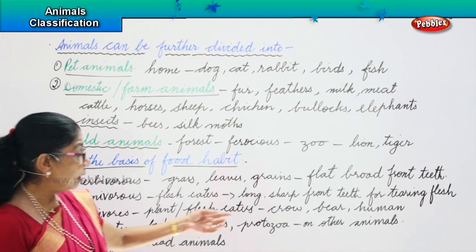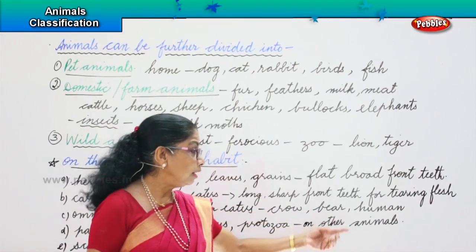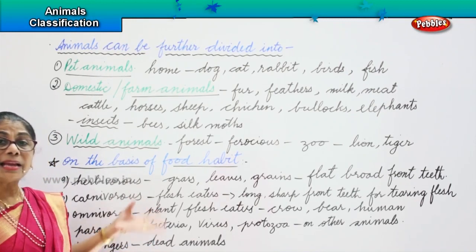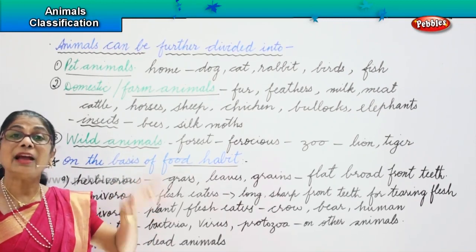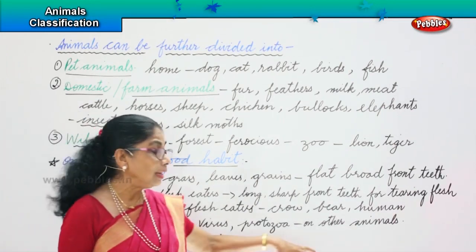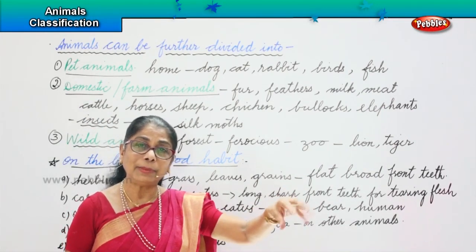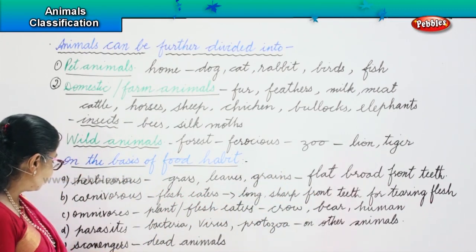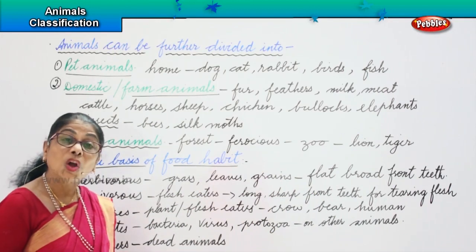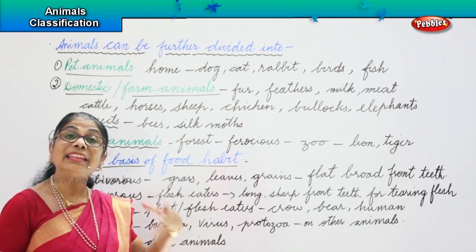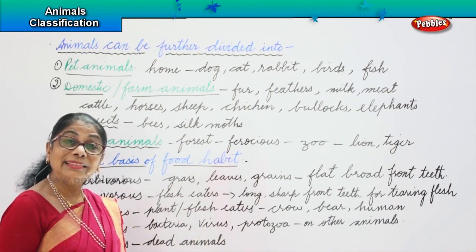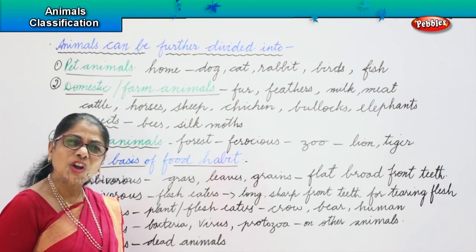So they are crow, bear, and human too. Parasites. Now, parasites live on other animals. So they are bacteria, virus, protozoa. They live and they suck the blood from the other animal. Okay, scavengers. They are animals that feed on dead animals. They are like the vultures and the hyena. They eat the flesh of dead animals.